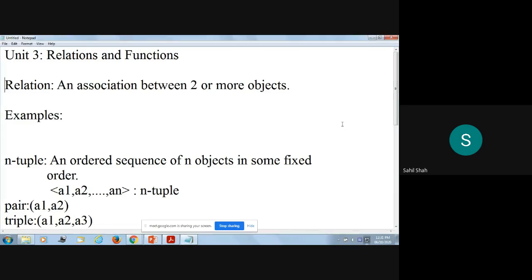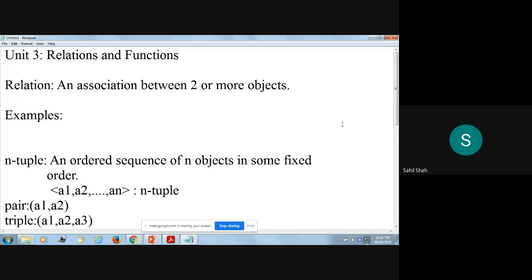You could have numbers, alphabets, real living entities in the world, trees, chalks, boards, your mobile phones, anything. If we relate two or more objects together using some kind of meaning, some kind of relationship between them, that is known as a relation.